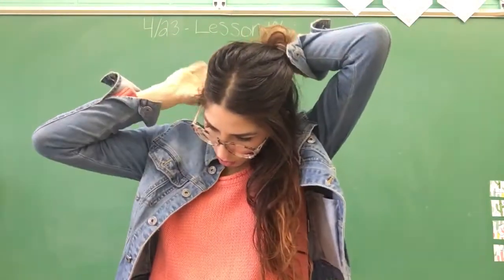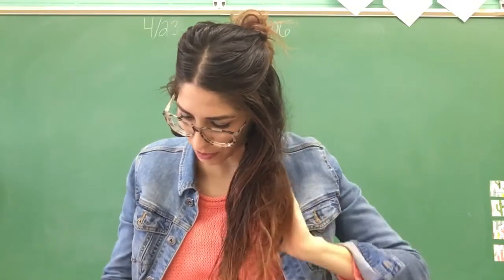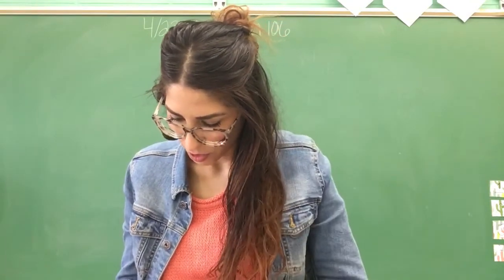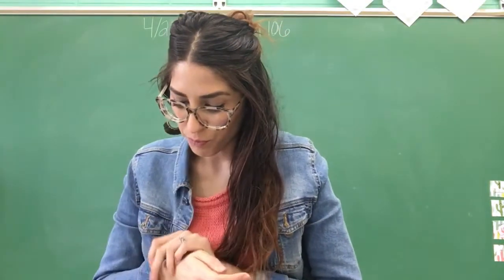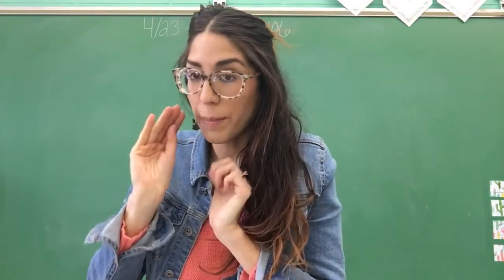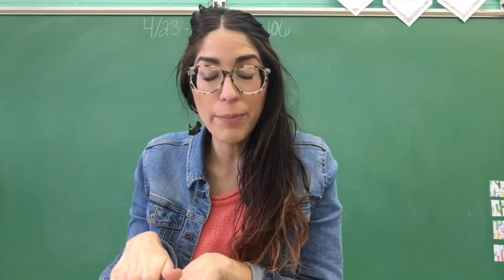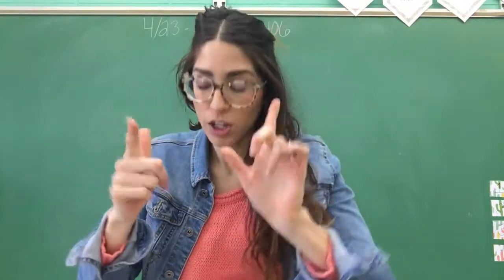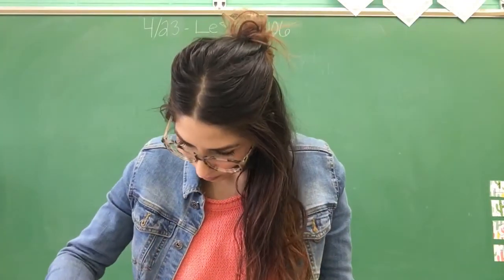Okay, so let's count. We're gonna count together. We're gonna count the little squares now. I'm gonna give you a few seconds while I'm doing it in my book. You'll count in your book. Ready? Go. Let's count.